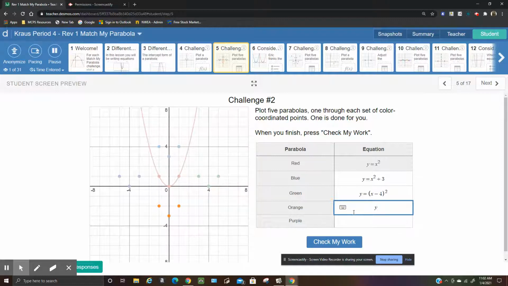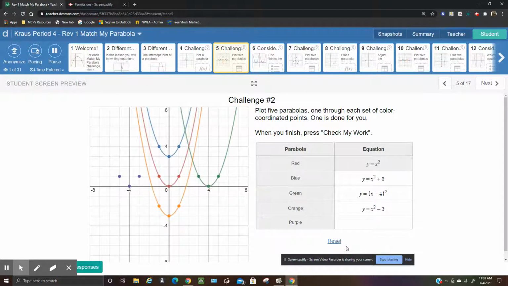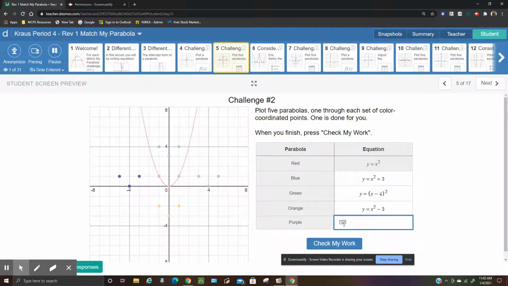And then the orange one looks like I'm just moving the red graph down 3. So y equals x squared minus 3. And then finally the purple one looks like I'm moving it left 4.